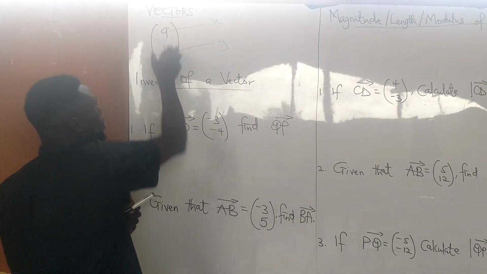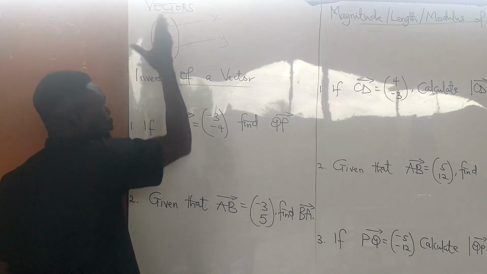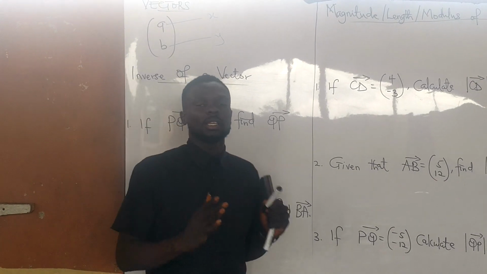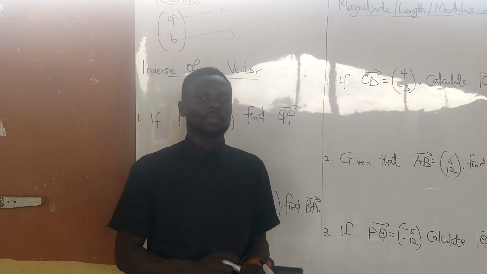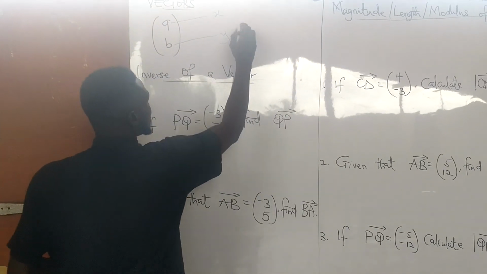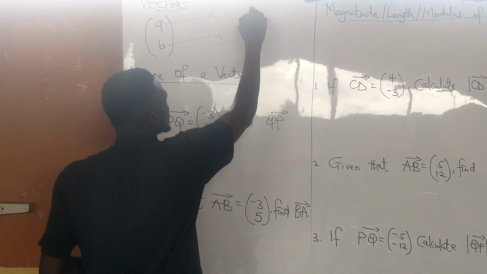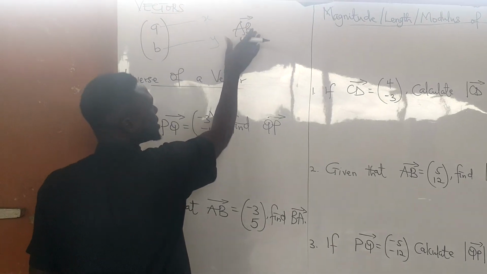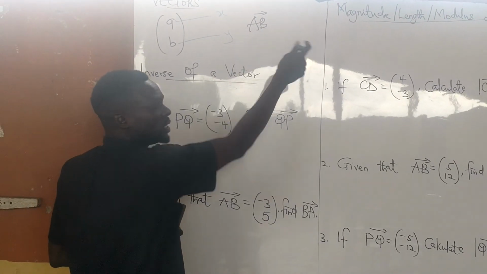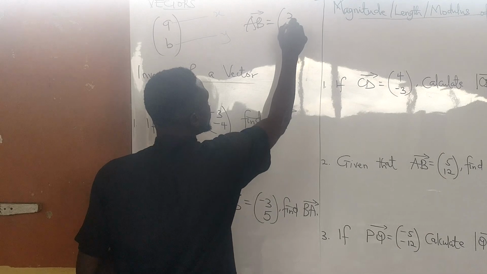So these are the components of a vector. If I have AB with an arrow on top, this is a vector AB from A to B, which is equal to (2, 3).